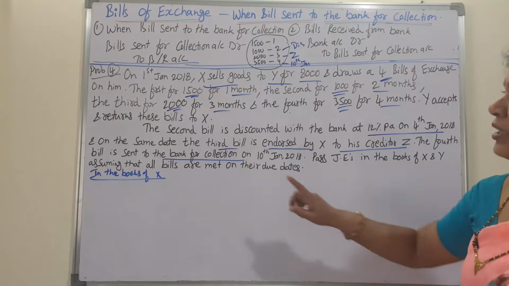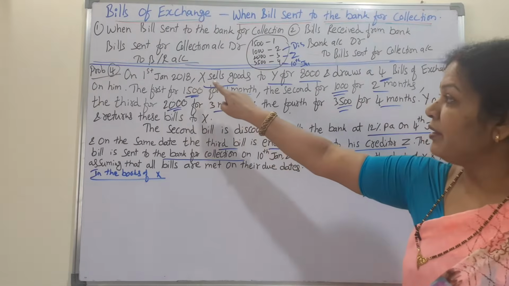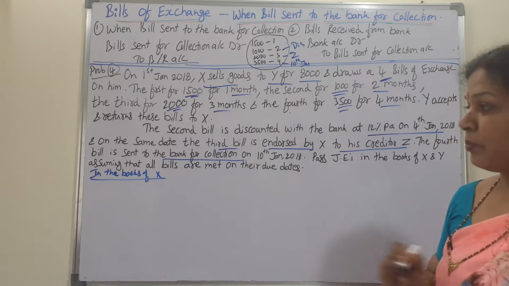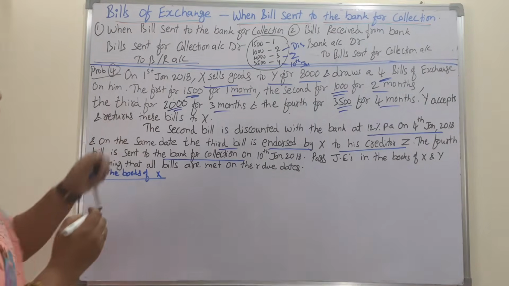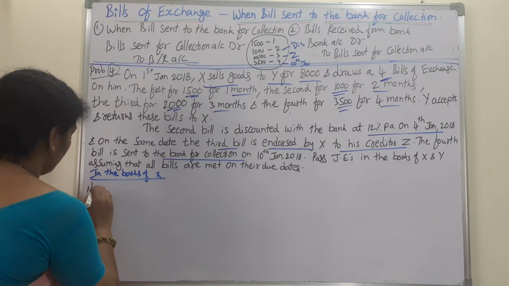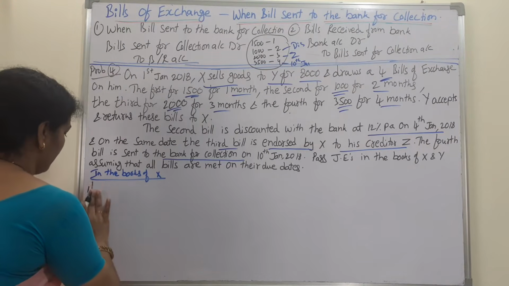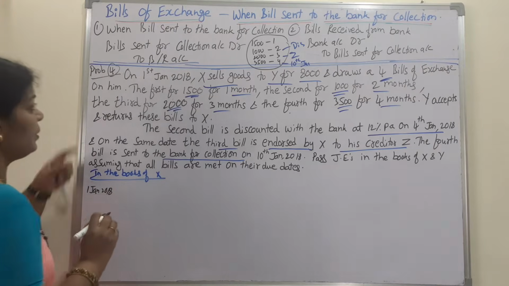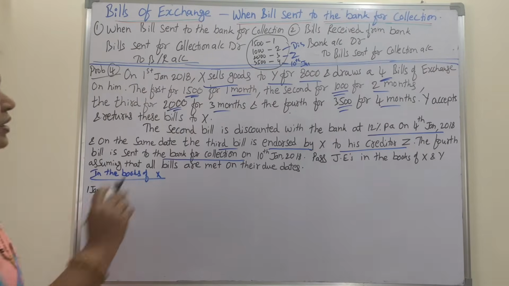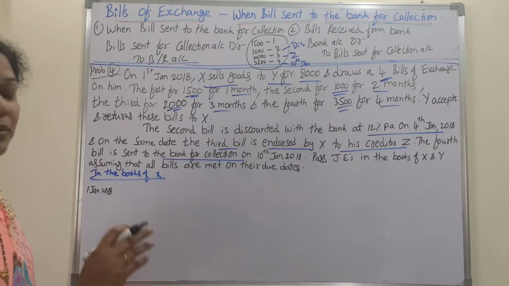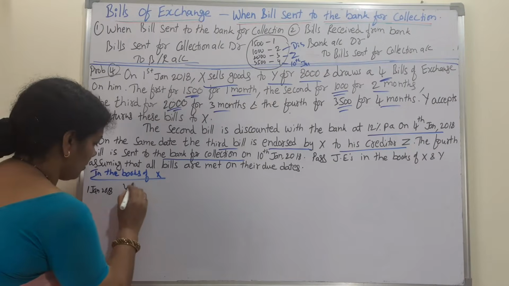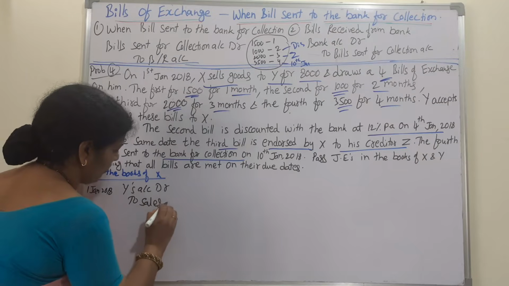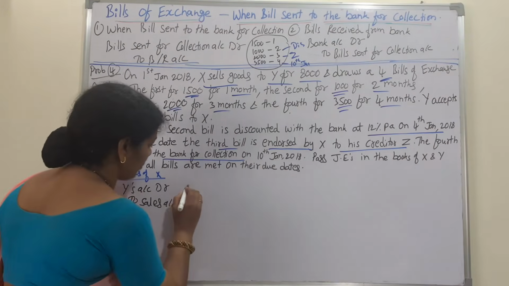In the books of X, first, what happened on 1st January 2018? X sold goods to Y for 8,000 rupees. When X is selling goods to Y, Y's account is debited and sales account is credited, goods of 8,000 rupees.